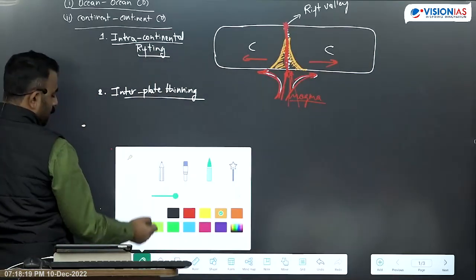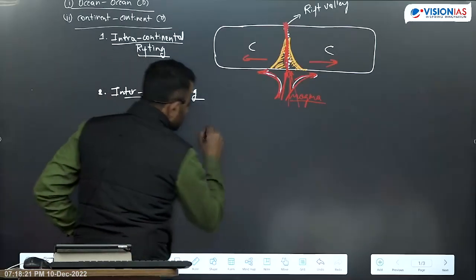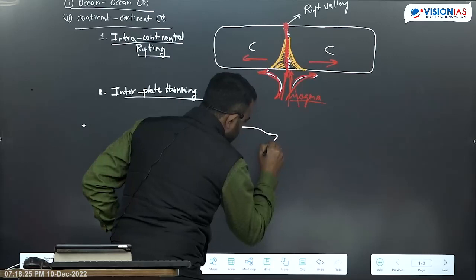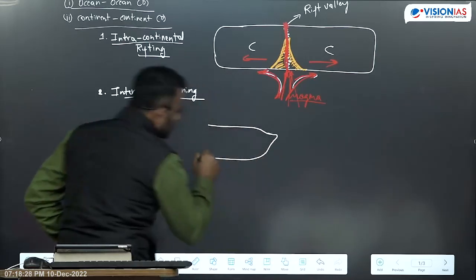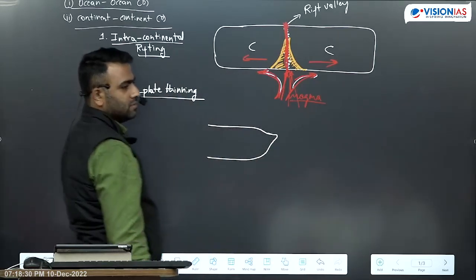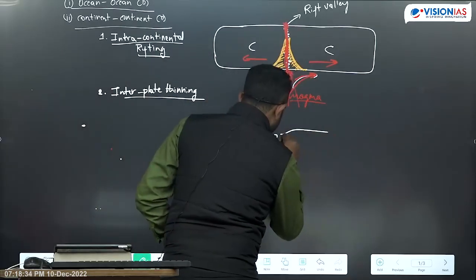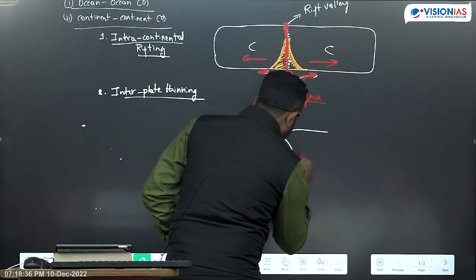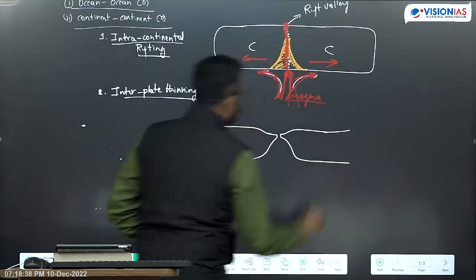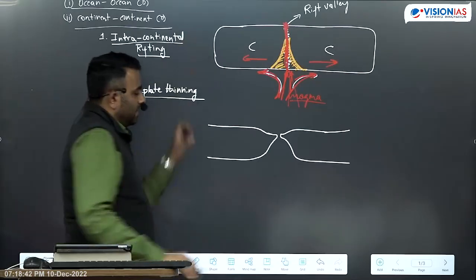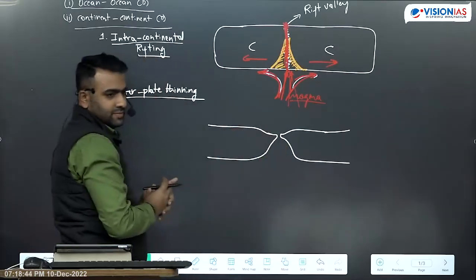After sufficient melting, this is how the continental crust looks. The same continental crust has melted along the edges.